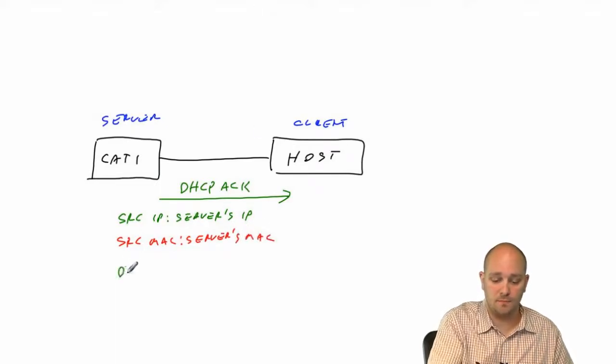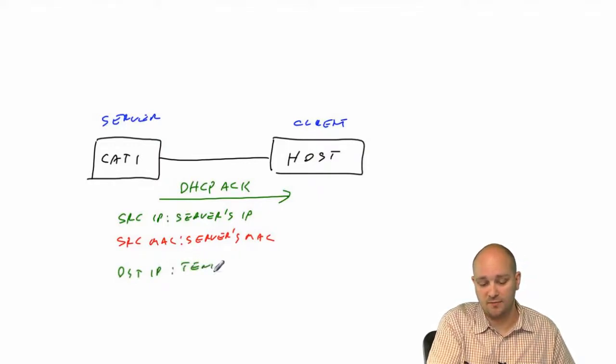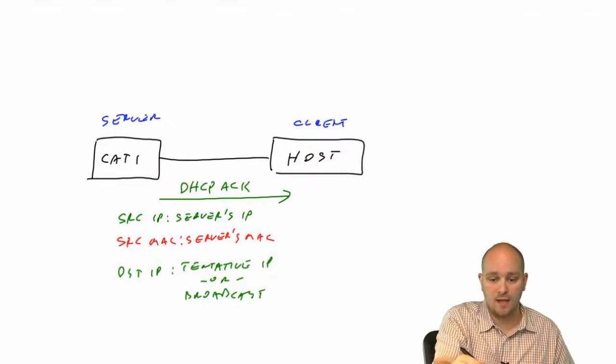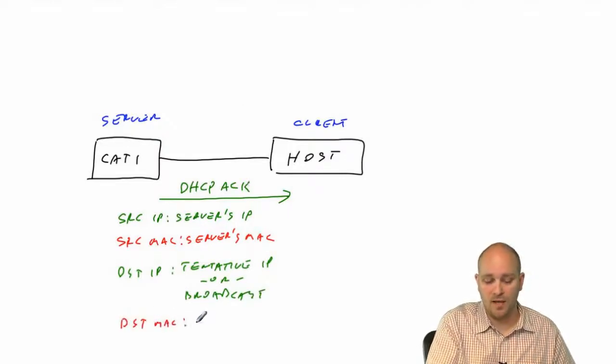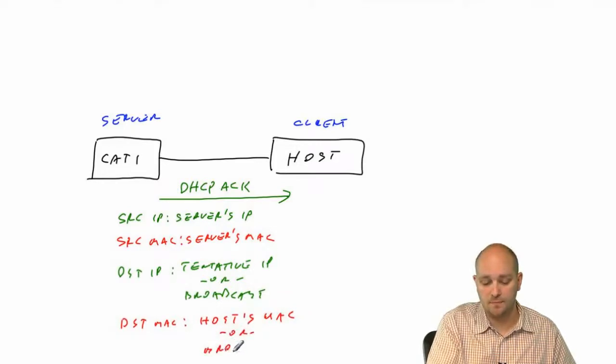Destination IP could be either the tentative IP or broadcast. And the destination MAC address can be either the host's MAC or broadcast.